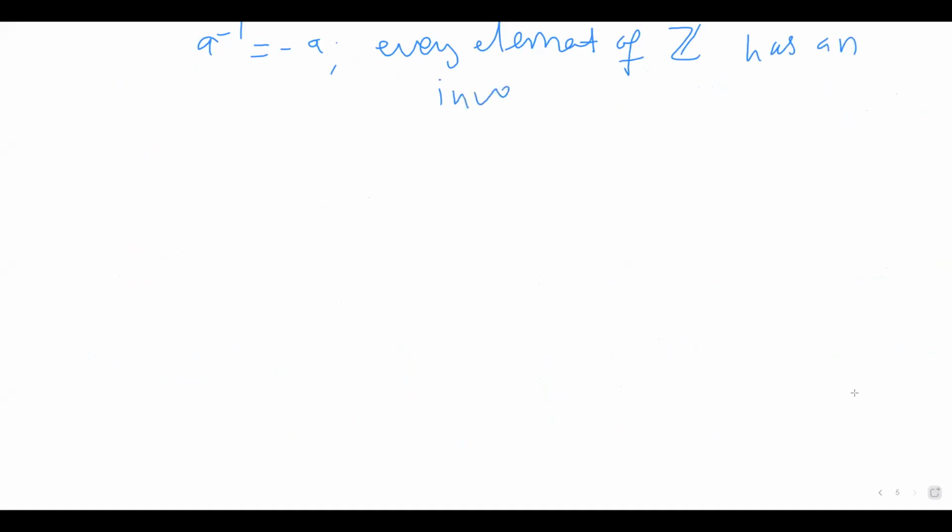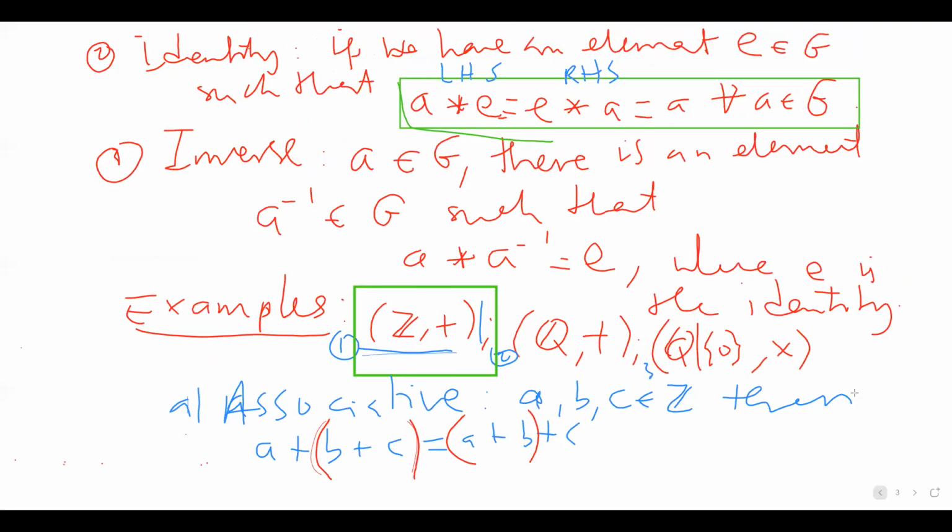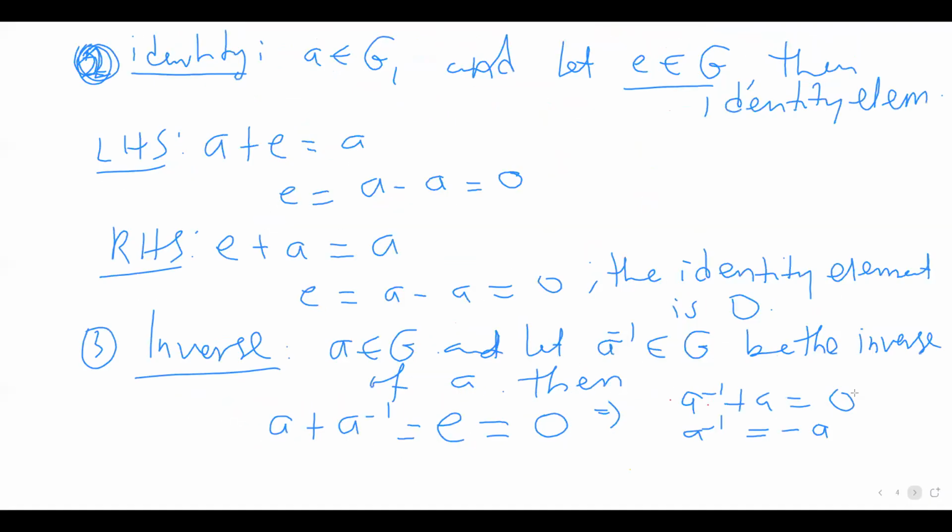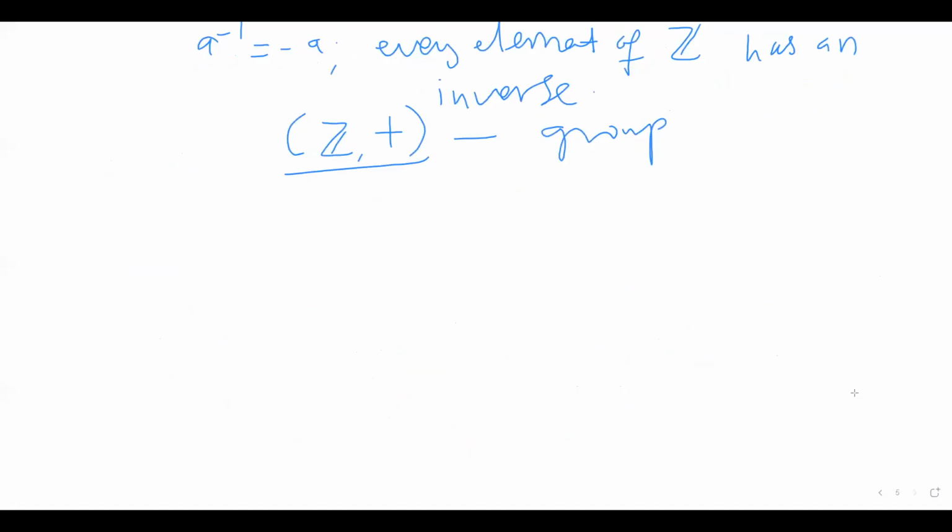So if we can do that, then we know that the set with the operation plus is a group. We can do the same for Q. We take Q, check for associativity, check for the identity of Q, and then check for the inverse of Q. If we can find these, then we can say that Q with plus is a group as well.